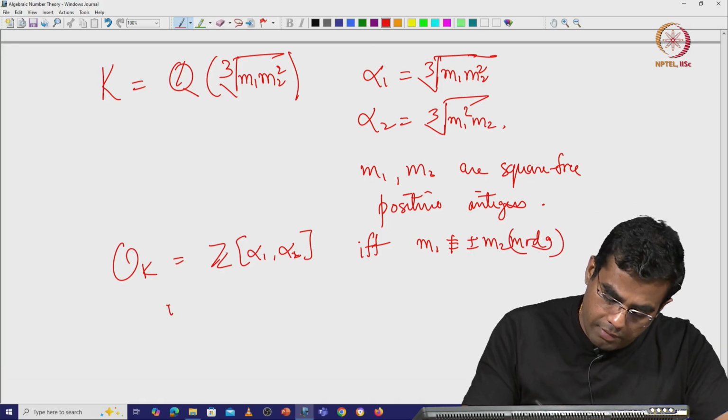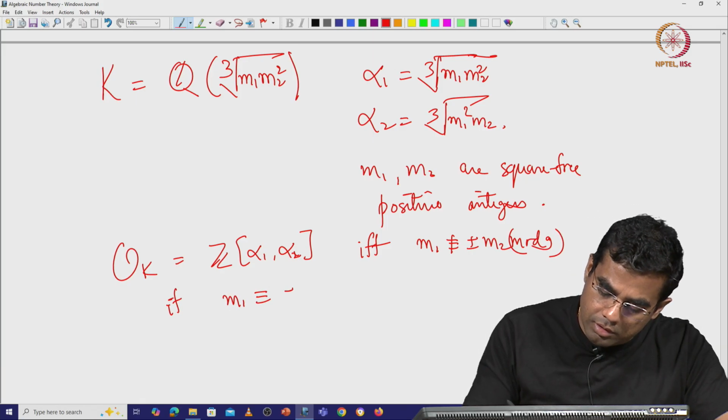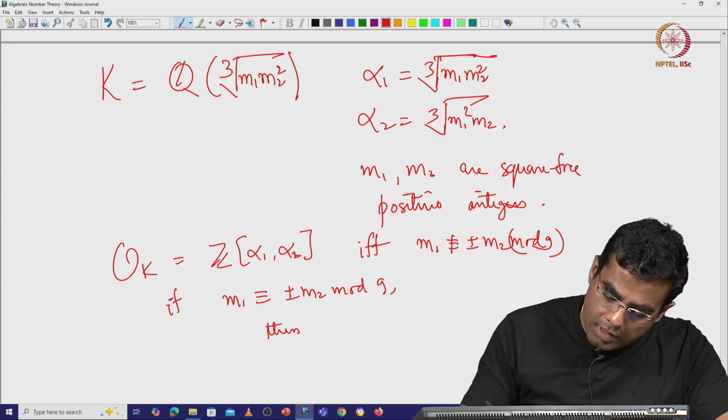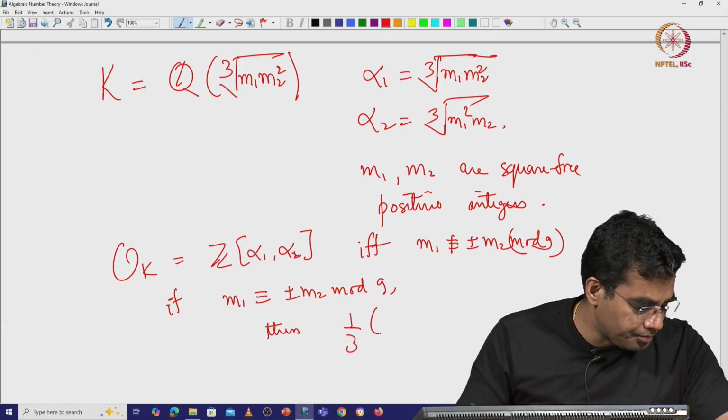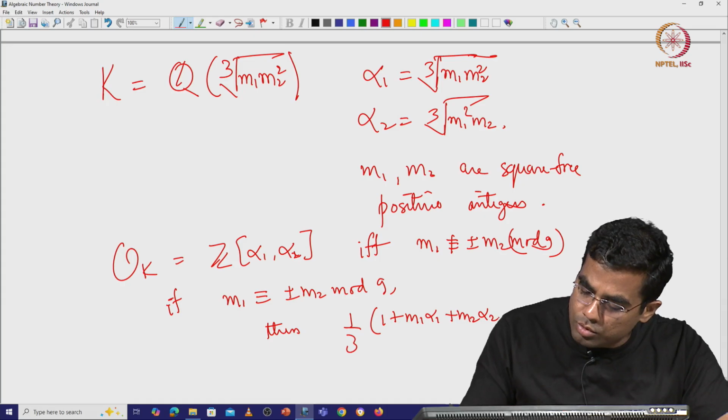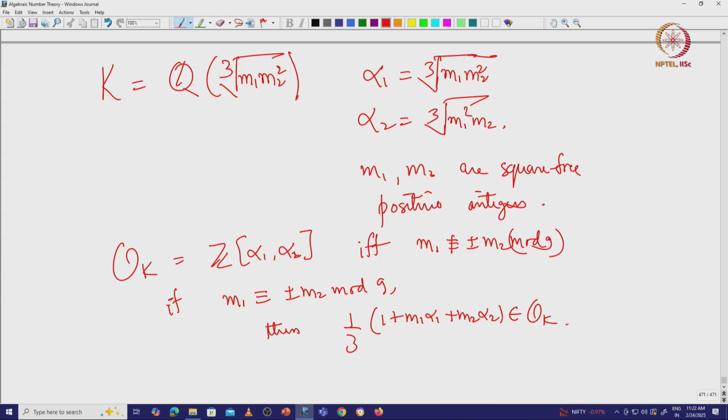And if m1 is indeed congruent to plus or minus m2 mod 9, then 1 by 3 times 1 plus m1 alpha 1 plus m2 alpha 2 also belongs to O_K. So the index of Z alpha 1 alpha 2 in O_K is 3, and this is the element that represents the non-trivial class of O_K mod Z alpha 1 alpha 2.